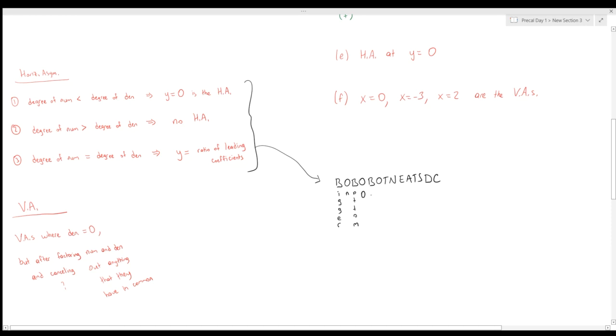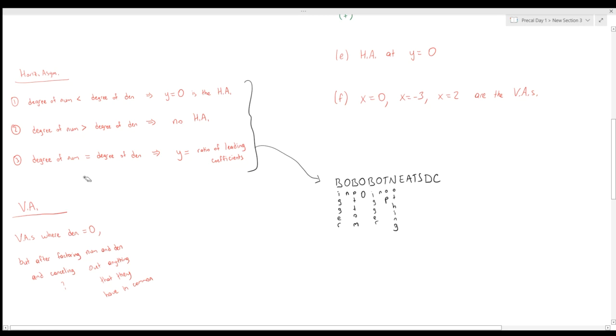The button was if it's bigger on top. So if the numerator has the higher degree, then there's no horizontal asymptote. So n is no horizontal asymptote, or nothing. Okay.